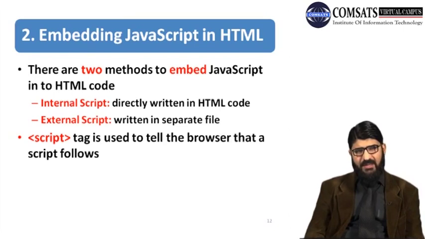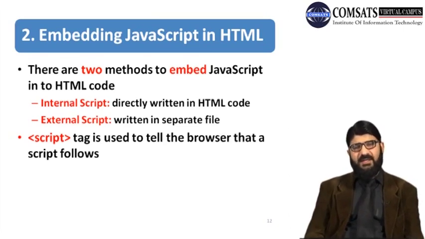The first one is the internal script. The internal script is basically writing the JavaScript code inside the HTML code, just like we have seen with inline CSS, where inline CSS code can be mentioned for the web element in the HTML code.